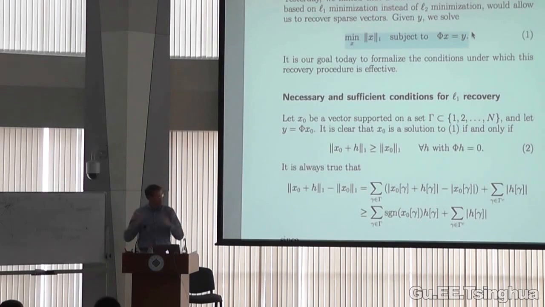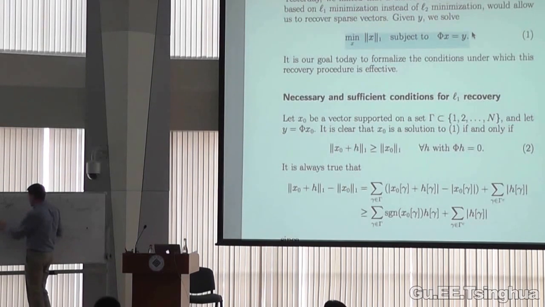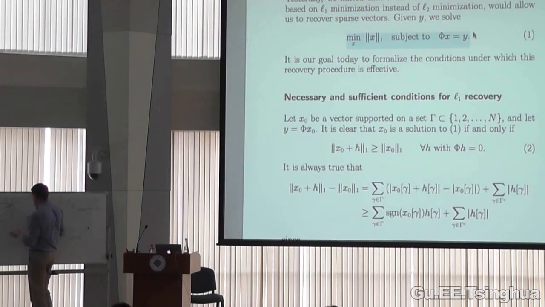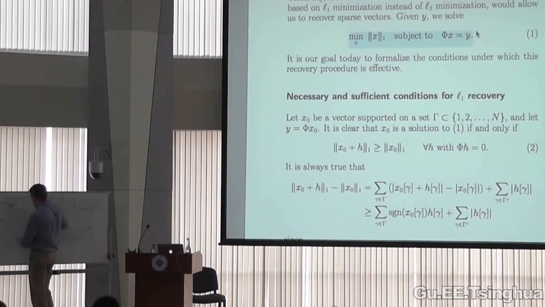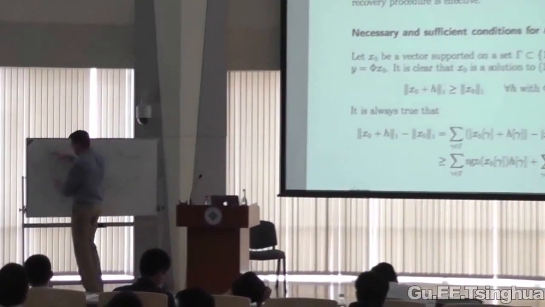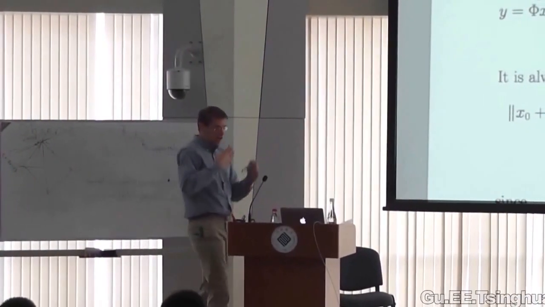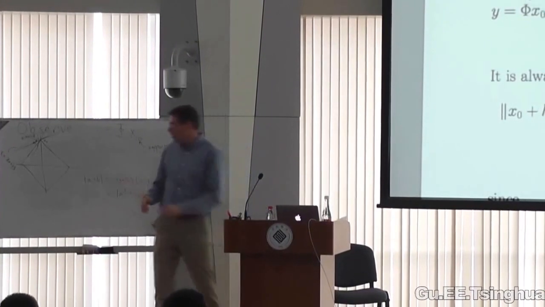What do the sign sequence and the support dictate? They dictate where on the L1 ball I live. Each of these points has a different support set and sign sequence, and each of the facets is the same thing. So it's really just a property of the facet on the L1 ball that I live on.